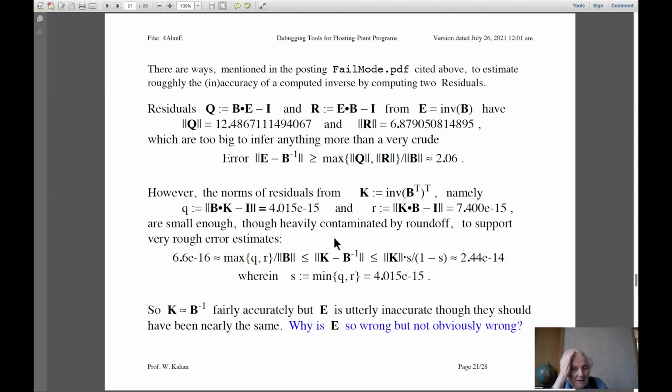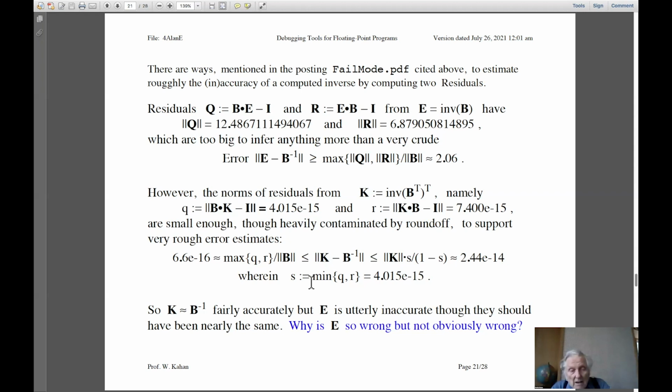And because they're nice and small, that means that you can get some rough idea of the error. How much does the computed inverse K differ from the true inverse? And it turns out that there are formulas which allow you to infer that from the residual.